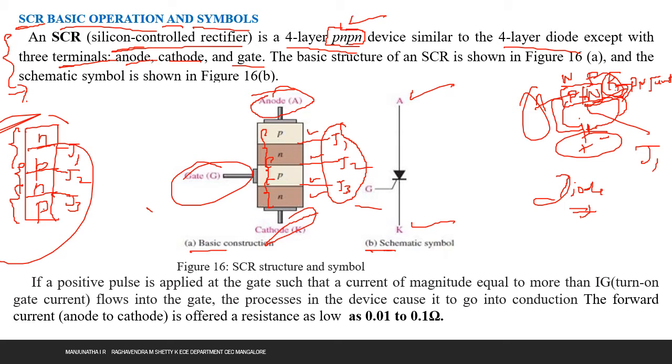But here we have 3 junctions, and we want to break down all the 3 junctions J1, J2, J3, similar to the single junction in the diode. So how is it possible? This SCR is going to conduct only when we break down all the 3 junctions, J1, J2, J3.